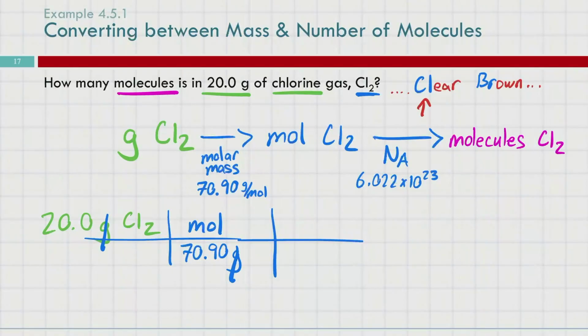Could be atoms, molecules, formula units over moles. In this case, it's molecules, singular units in 1 mole. Since moles is on the bottom, we're going to put the big number on top with molecules.